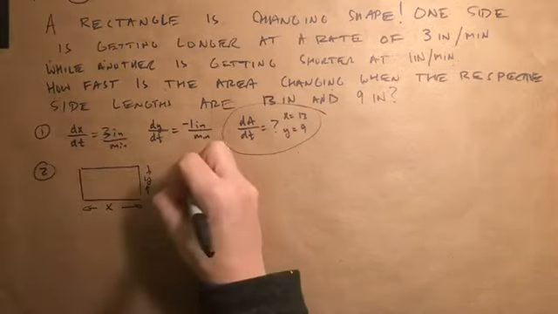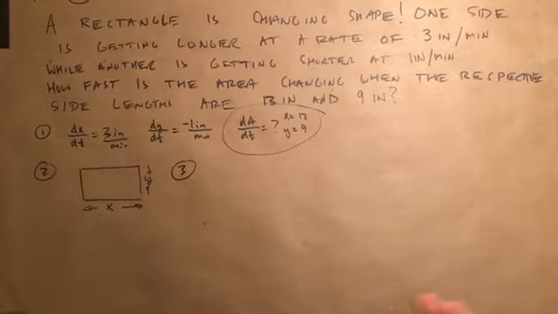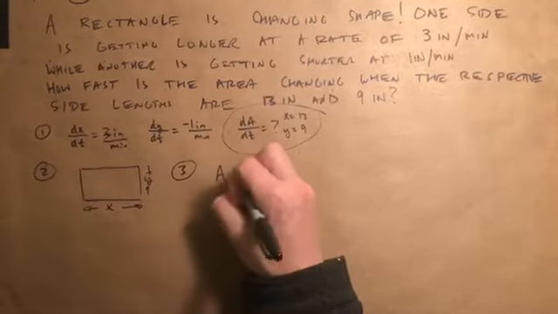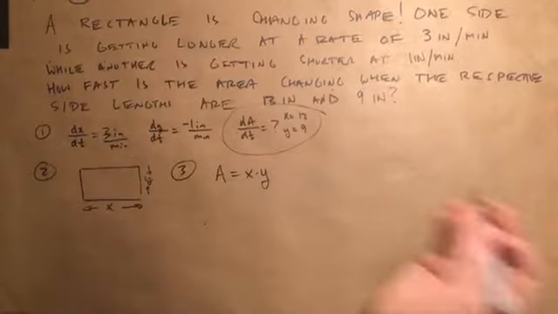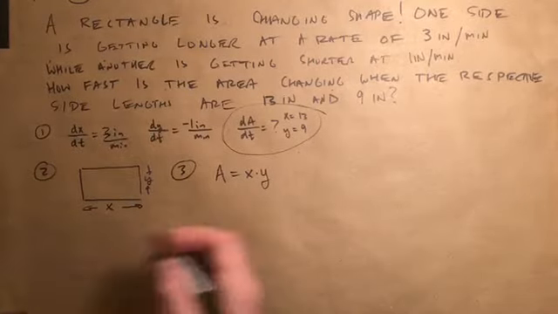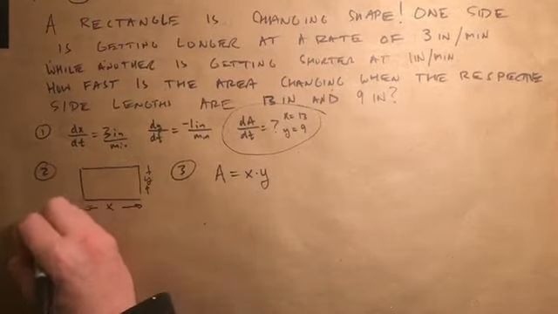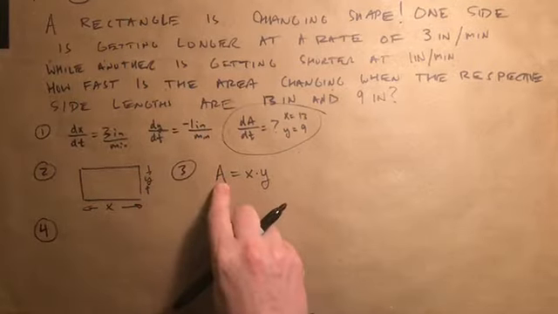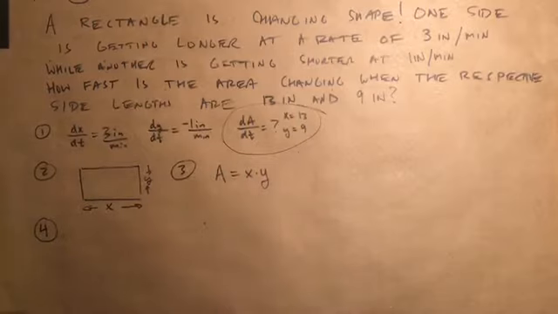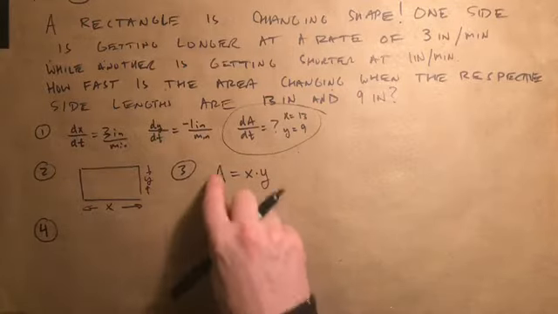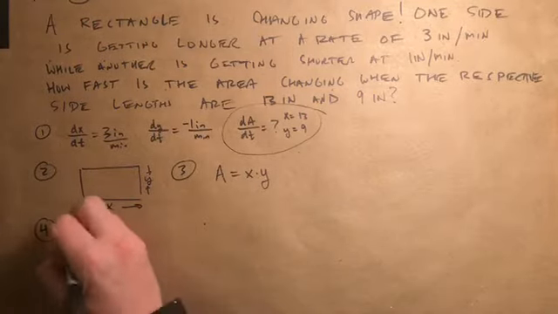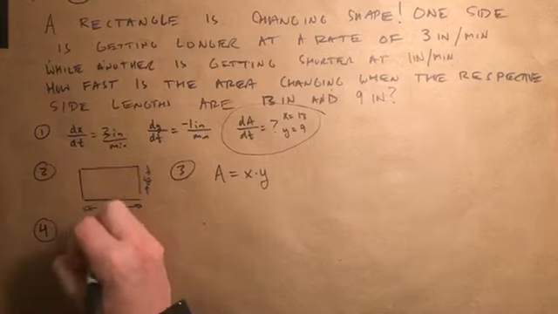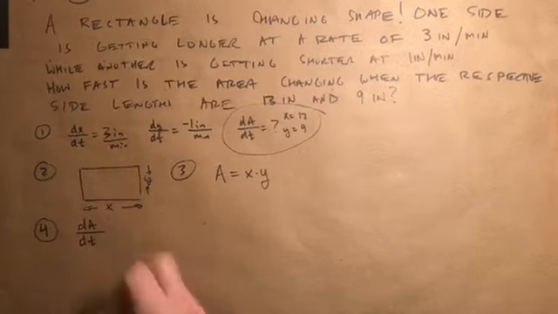Once we have this, it's up to us to now make our relationship. The relationship that we're going to be looking at is this geometric relationship that A is equal to x times y. When we're done with that, now it's time to take the derivative. We should keep in mind that every single one of these quantities is a function of time. So on this side, the derivative is going to be dA/dt.